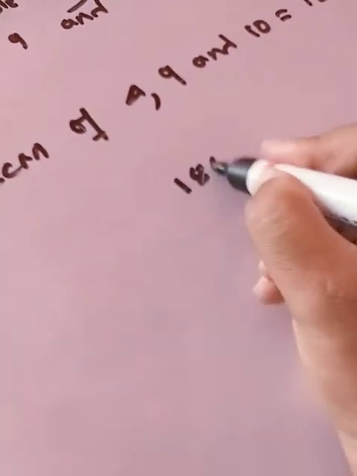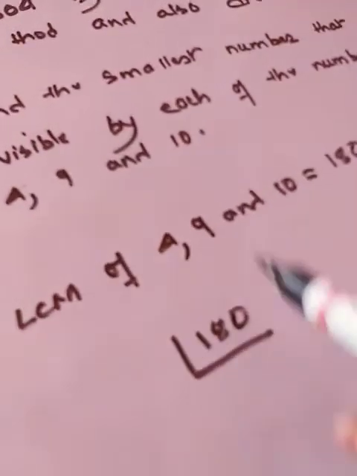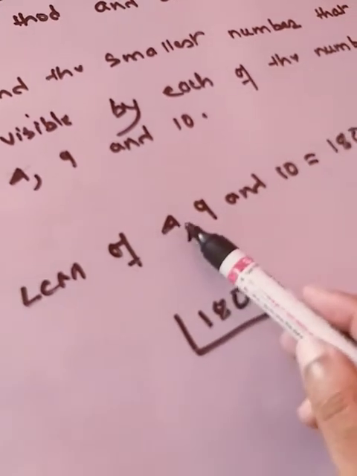Now we'll do the prime factorization of 180. Please see the process, how I am approaching. The first thing that I did is the LCM of 4, 9 and 10.